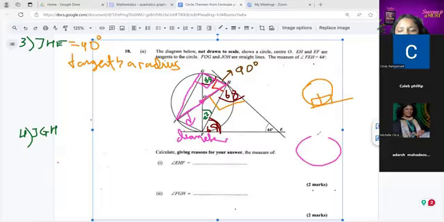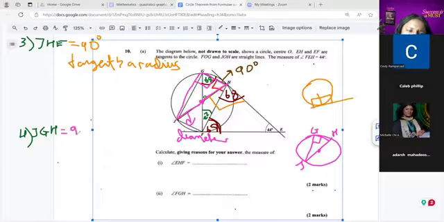So that was one of the circles I drew earlier on. So let me just do another sketch. This is the center of the circle, G somewhere around there. So G is 90 degrees.